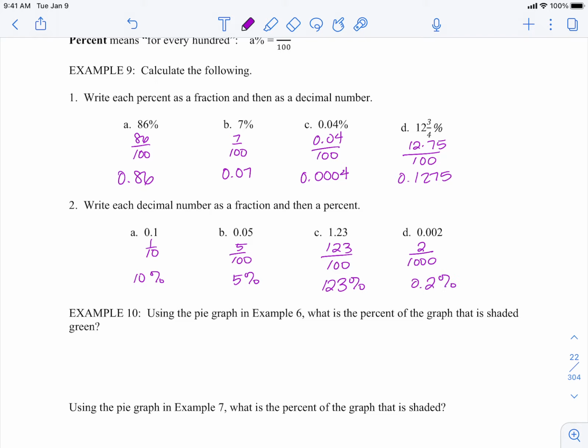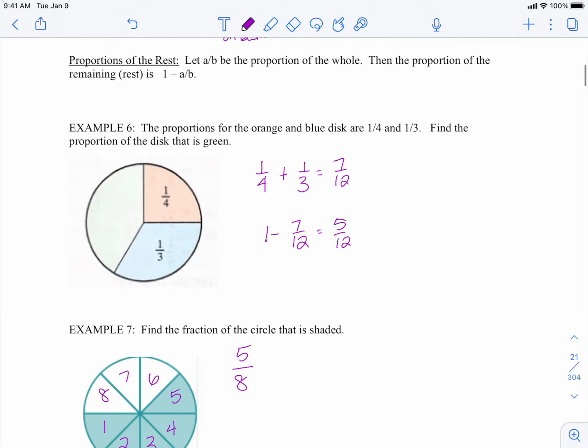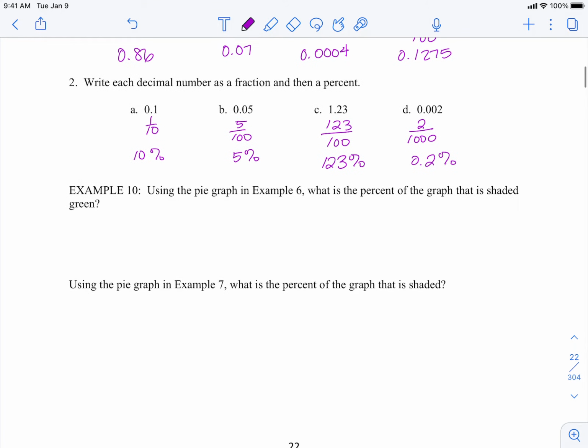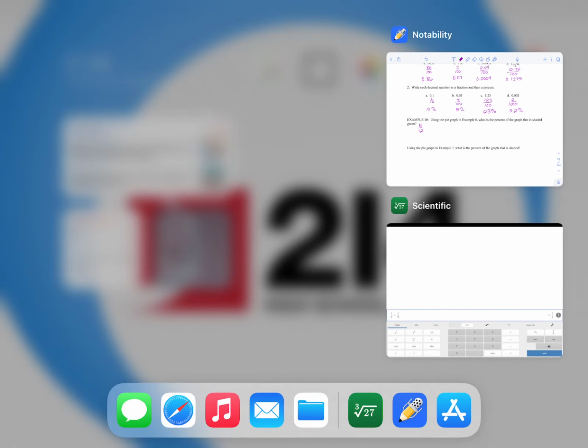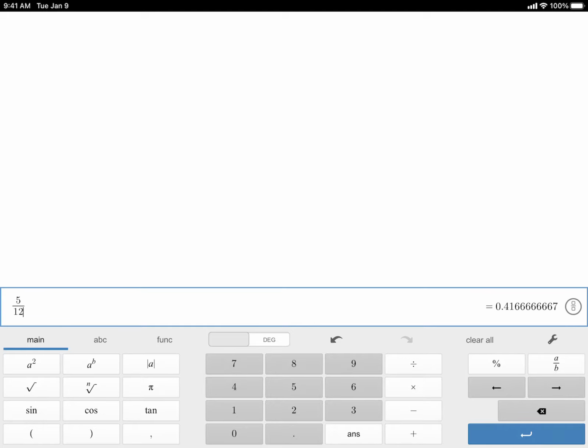Now it says, using the pie graph in example 6, what is the percent of the graph that is shaded green? So if we look back, we had 5/12 was the proportion that was shaded green. So I can do 5/12. Now if I want, on Desmos, I can do 5 divided by 12, which tells us it as a decimal.